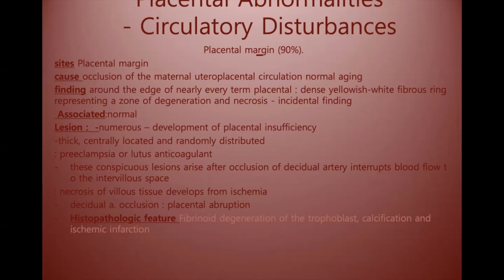A lesion that we have numerous in development of placental insufficiency is thick, centrally located, and randomly distributed. It is seen in preeclampsia or lupus anticoagulant. This conspicuous lesion arises after occlusion of the decidual artery, which interrupts blood flow to the intervillous space. Necrosis of villus tissue develops from ischemia, and the decidua can lead to placental abruption.